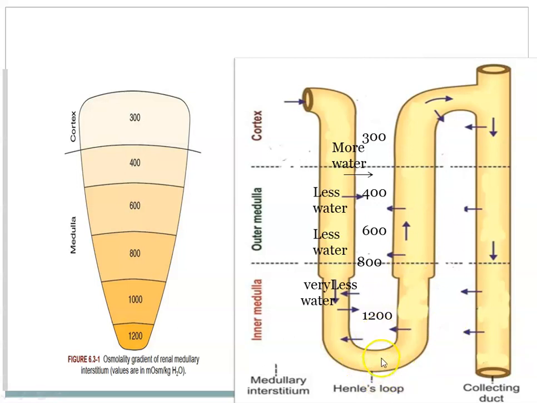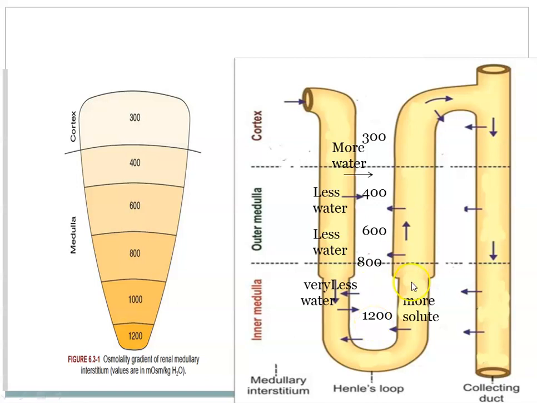Now, when the fluid enters the ascending loop of Henle, this ascending loop is impermeable to water and only permeable to solute. So, now more solutes will get absorbed into the interstitium. Now see, more solute and very little water in the interstitium makes the interstitium maintain up to 1200 milliosmol.